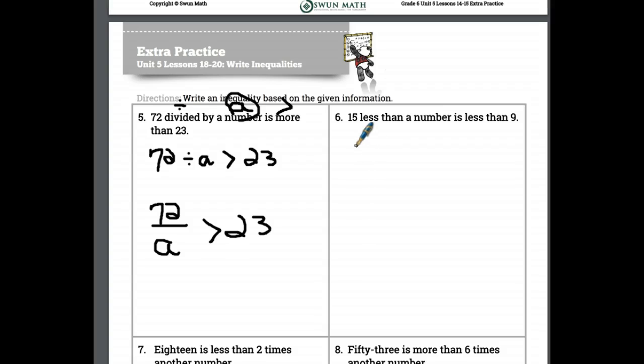And then taking a look at 6. 15 less than a number. I'm hoping that you remembered what this meant here. 15 less than a number is less than 9. So I'm going to put my less than. But this is saying 15 less than means you're going to be subtracting.